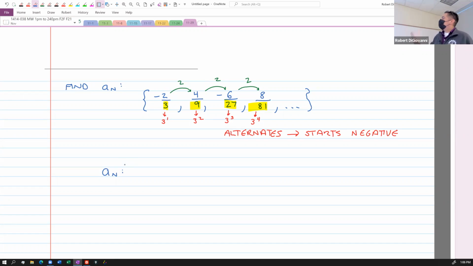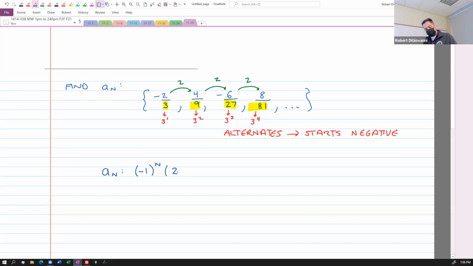So let's get the alternating part first. To make it start negative, we will use -1 to what power? Remember, n is going to start with 1. To the n, exactly. When we plug in 1, we get -1 to the first power, which is negative. Plug in 2, we get -1 squared, which is positive. Plug in 3, we get -1 cubed, which is negative. That takes care of the alternating starting negative. Then let's take care of the numerator going up by 2.